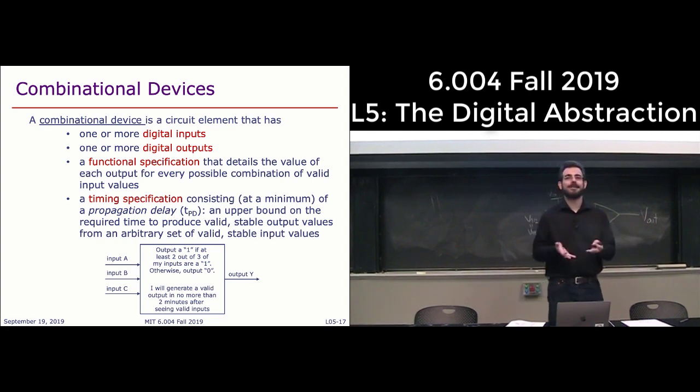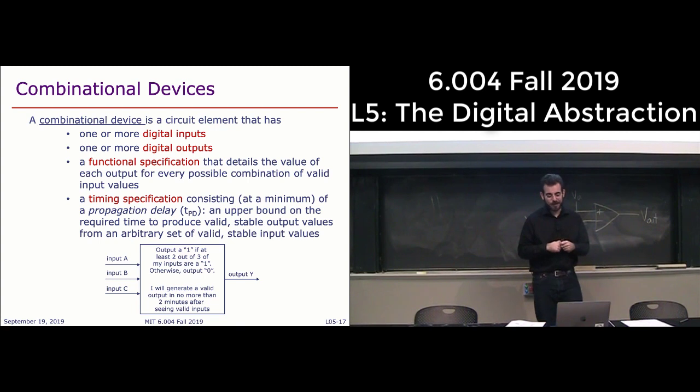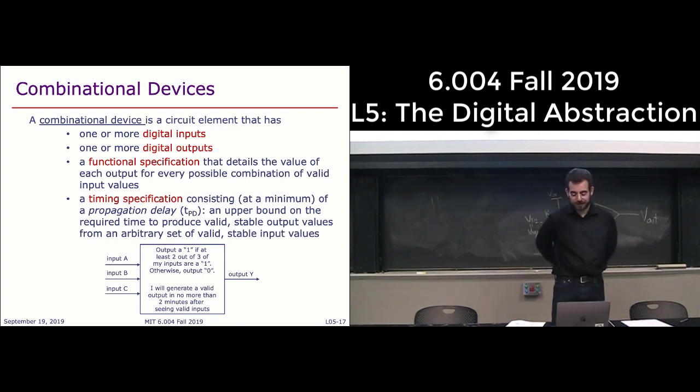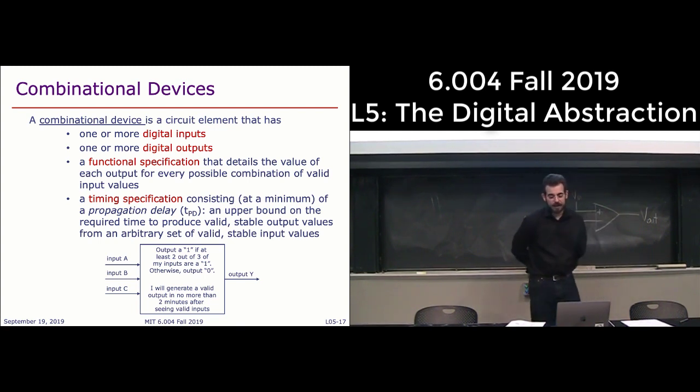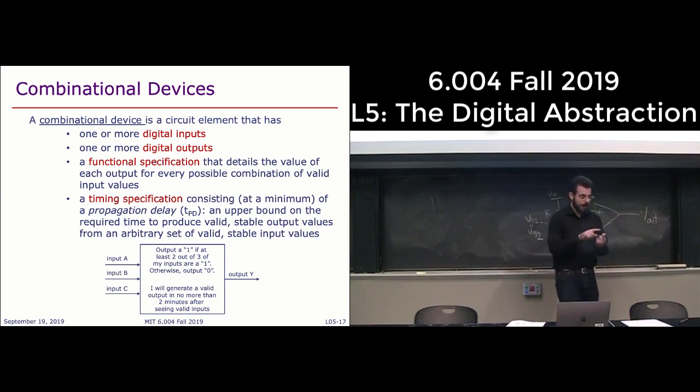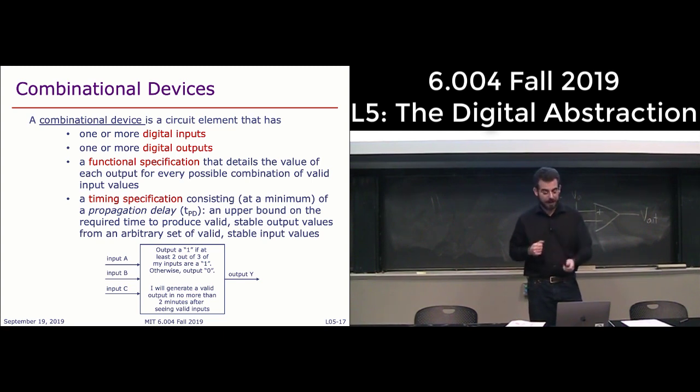Because we want these circuits to eventually produce an answer. You'll see the role of this propagation delay in a bit. But essentially, outputs are functions of only the inputs, and after some time elapses, we'll get a valid digital output.